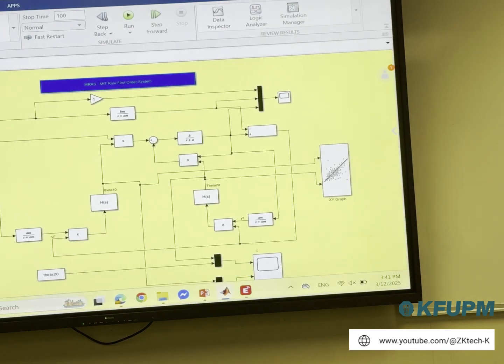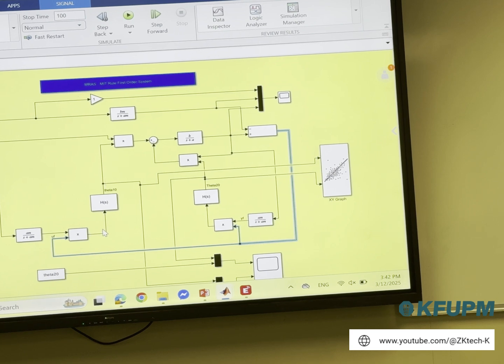Alright, so if we look at these equations right now, for example, if we take theta 1, what I need for theta 1 is the error and uc. So I take uc, this is uc here, and I put uc through the filter, which is am over s plus am, which is this one. Then I multiply the filter output by the error, which is the difference between ym and y.